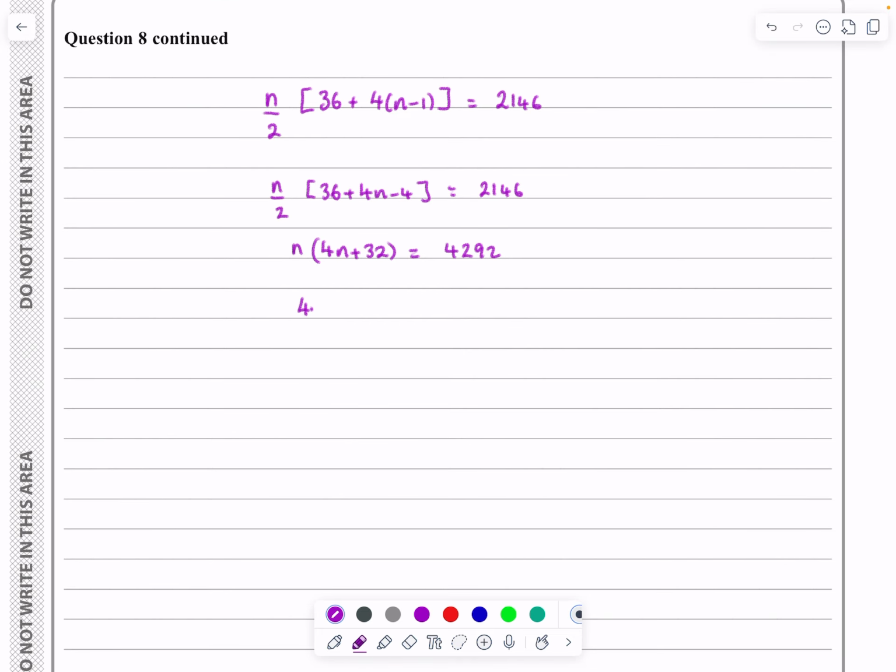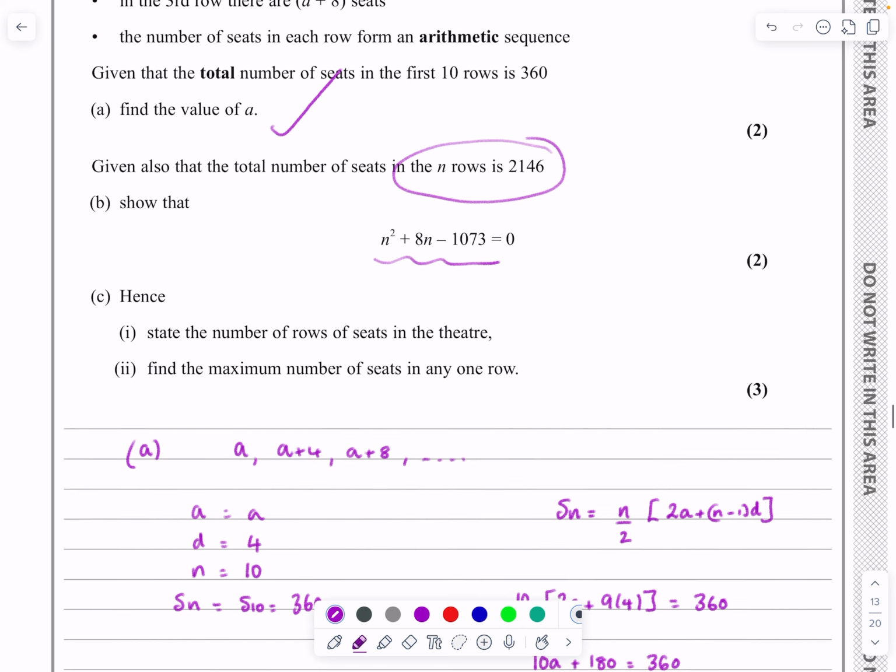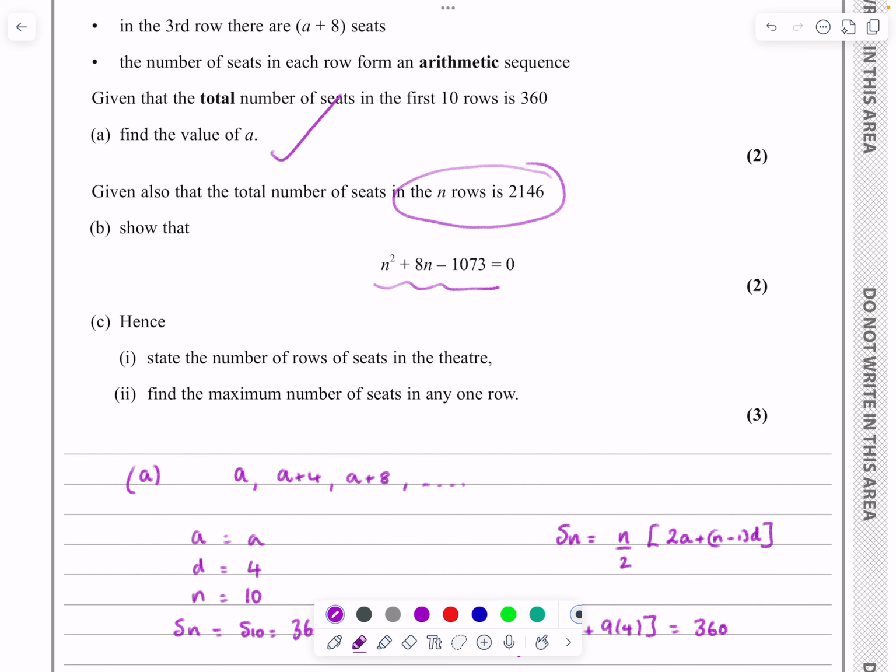That's going to give me 4n squared plus 32n, and I'm going to take the 4292 over there, and then we divide everything by 4, so we're going to get n squared plus 8n minus 1073 equals 0, and that's what I was trying to get for part B.